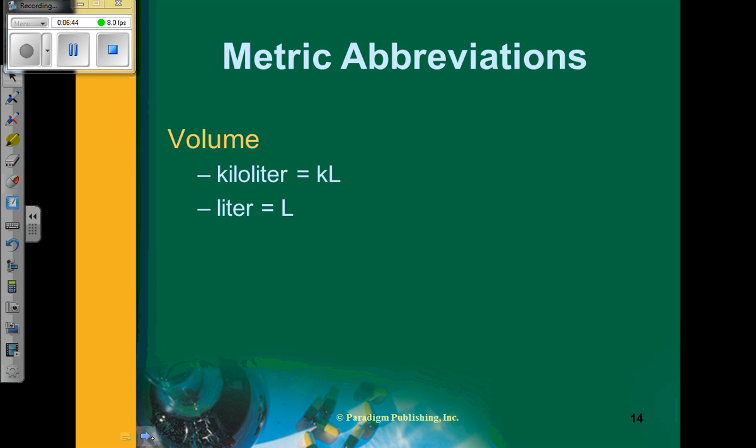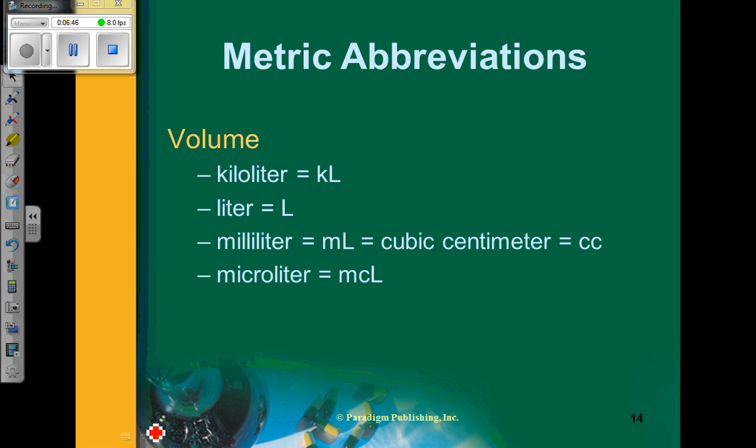So the volume is going to be kiloliter, liter, milliliter. Remember, milliliter is the same thing as your cc's, cubic centimeters, and your microliter. Okay, so remember, kilo is always going to be 0.001 to start with. That's what it refers to. Liter, 1. Milliliters is going to be 1,000, and microliters would be a million.